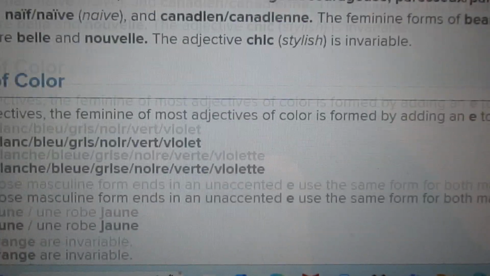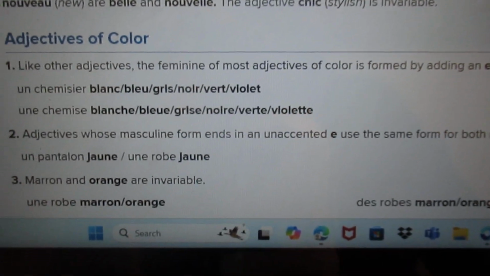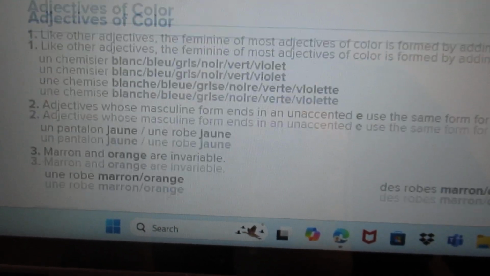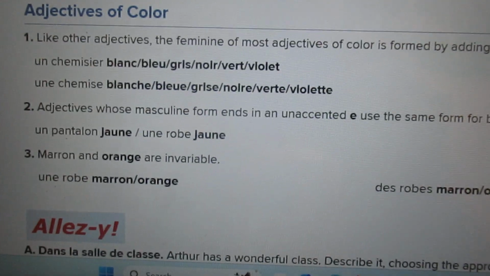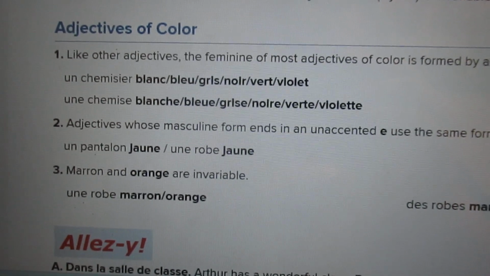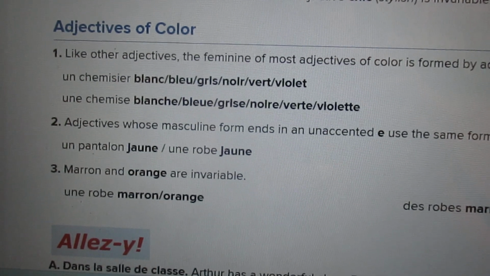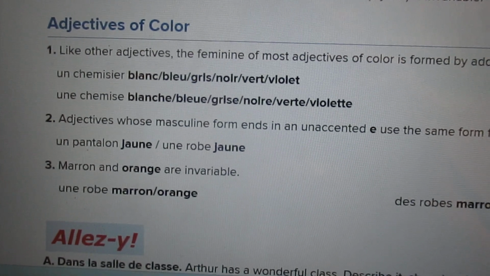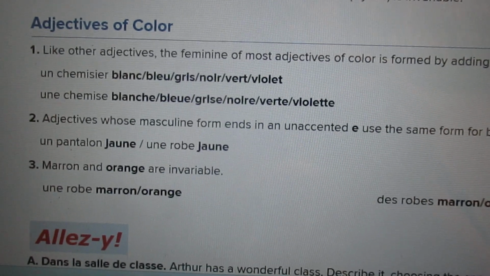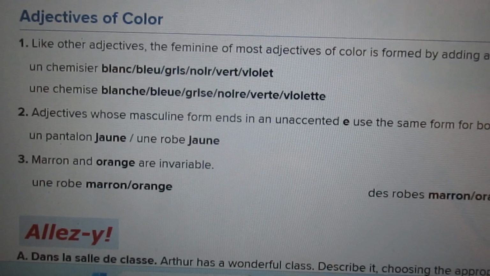Another thing that you'll want to go through when you look at adjectives in agreement is you want to look at your colors, because there's some important notes about them. So if we talk about un chemisier, right, the blouse, it can be blanc, bleu, gris, noir, vert, violet. When we study the colors, we are studying them in their masculine form.